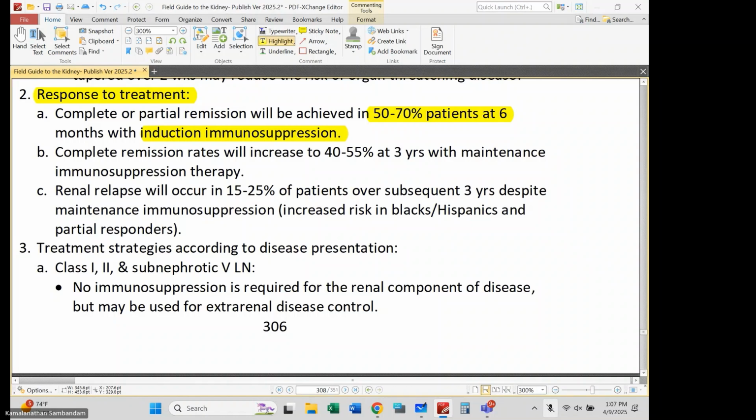Let me make this point once, and then I'm not going to make it again. There are so many patients that get into, I'll call it a rut, where a provider has treated them with regimen X, failure of treatment, regimen Y, failure of treatment, regimen Z, failure of treatment.